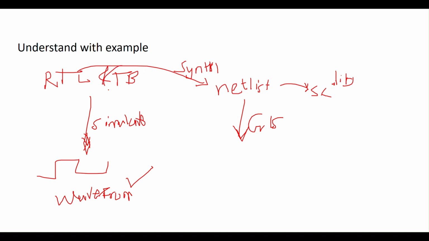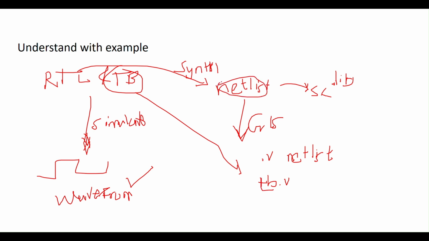For that we can use the same test bench in gate level simulation. In this gate level simulation we want a .v file, which is the netlist, and then we will have a test bench, which is also a .v file. Along with this, the netlist which we have generated has standard cells, like an AND gate or OR gate, and the simulator does not know what these are.